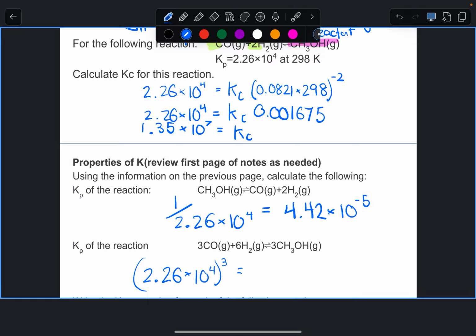So I've multiplied the whole reaction through by 3. So I'm going to take that value and raise the whole thing to the 3rd, which is now a very big number.